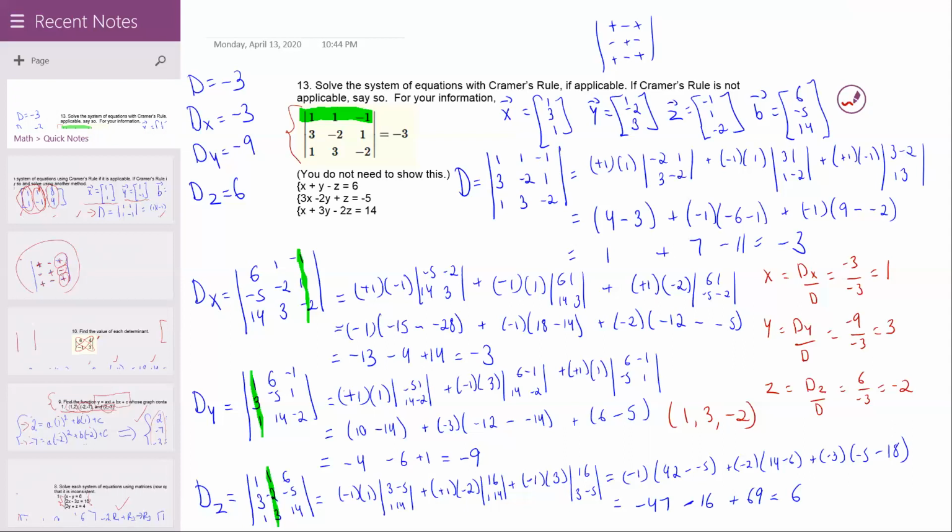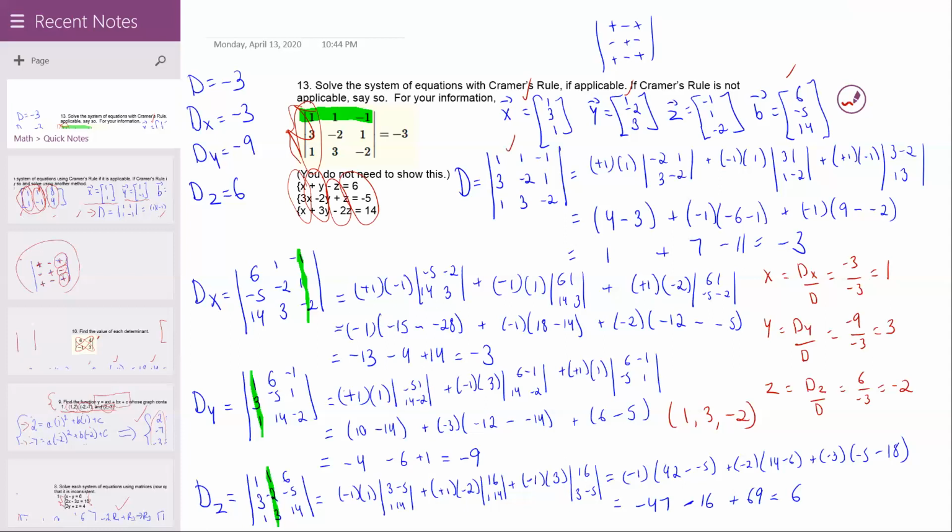So don't be scared that you're going to have to do everything that I'm showing you. At least one of the things is either going to be given or you won't have to do all of the work. But here I wrote my x column, my y column, my z column, my b is my constant column.